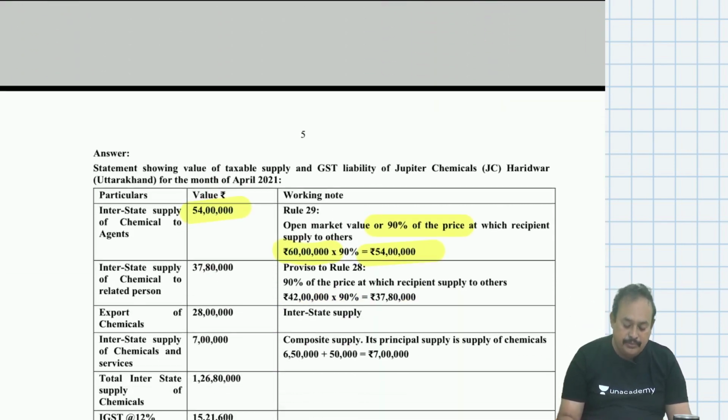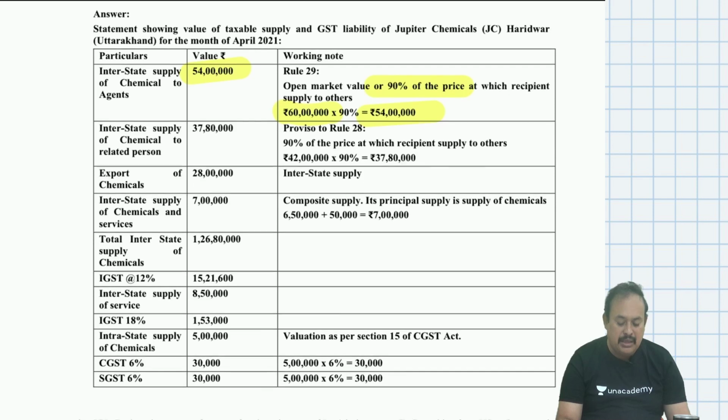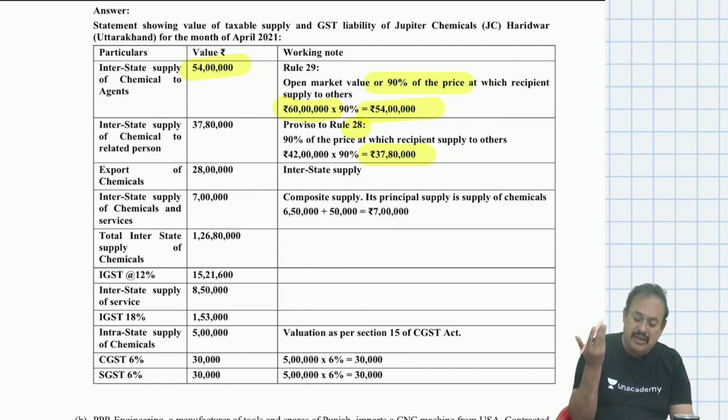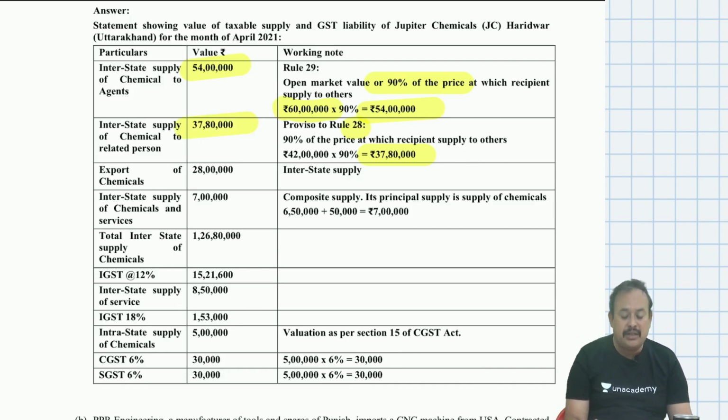Second one, interstate supply of chemical to Angel Traders, rule number 28. In that case, 90% of the value at which the recipient supplies to non-related parties is 37,80,000, or 38 lakh, which is beneficial. 37,80,000 rupees is the beneficial.